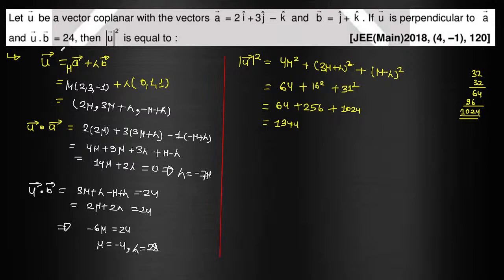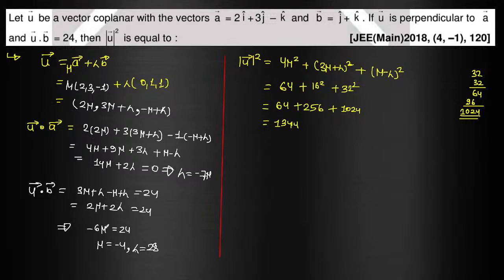Now U dot B is 24. So we have U, we have B. So it is 1 times (3 mu plus lambda) and 1 times (minus mu plus lambda). So overall we got 2 mu plus 2 lambda equal to 24, so mu plus lambda is 12. Mu plus lambda is 12 and lambda is 7 minus 7 mu. So minus 6 mu equal to 12.